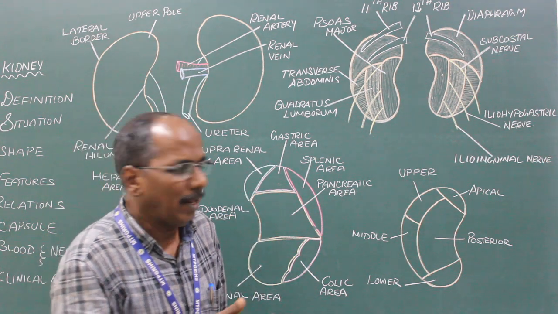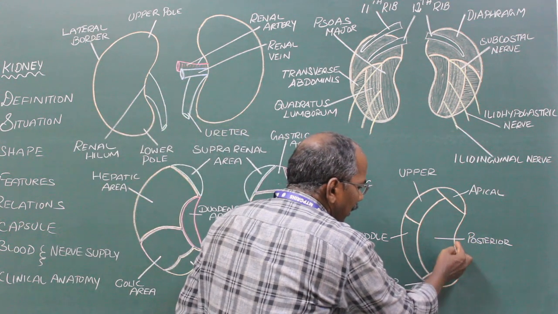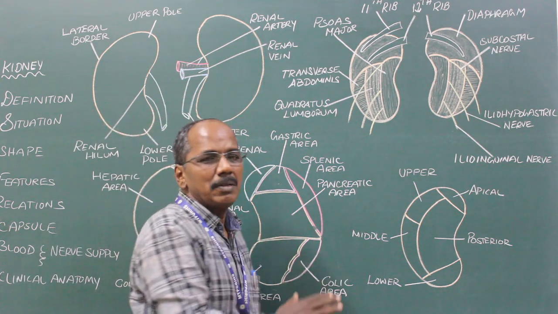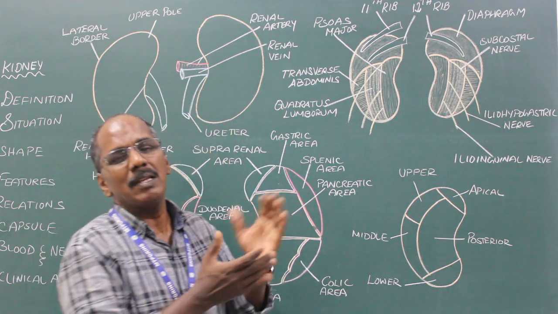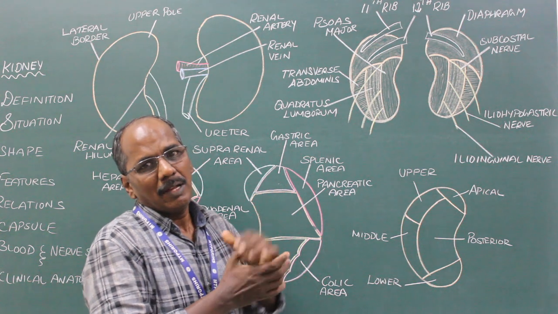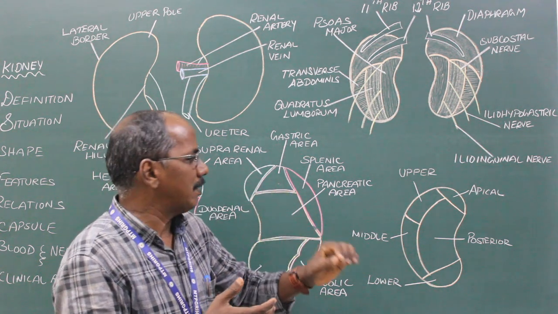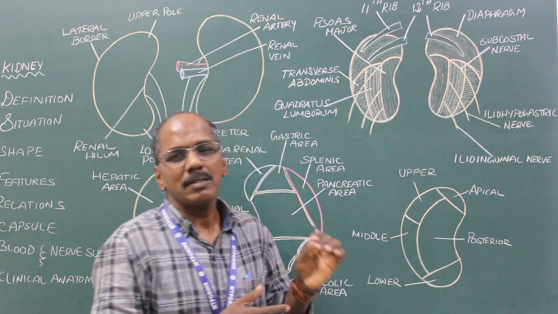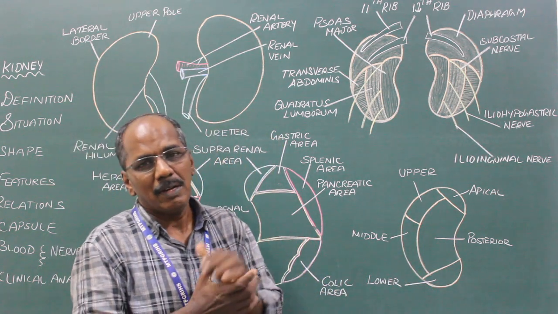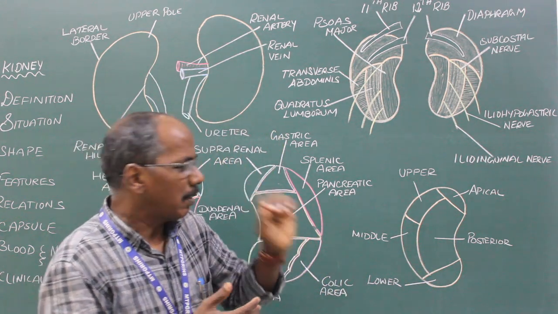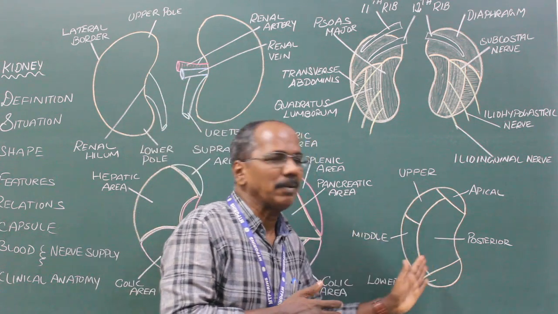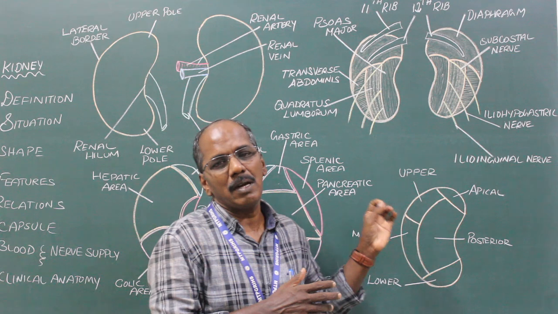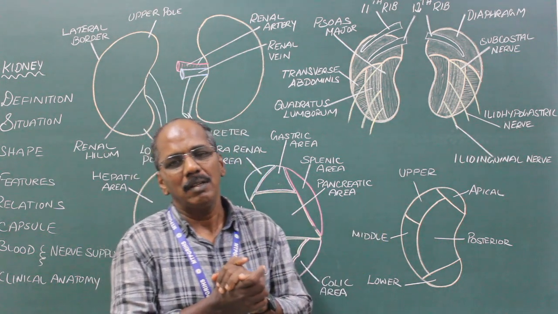The renal artery, on entering the hilum, divides into anterior and posterior divisions. The anterior division supplies the apical, upper, middle and lower segments of the kidney, whereas the posterior division supplies only the posterior segment. This is the segmental vascular supply of the kidney.